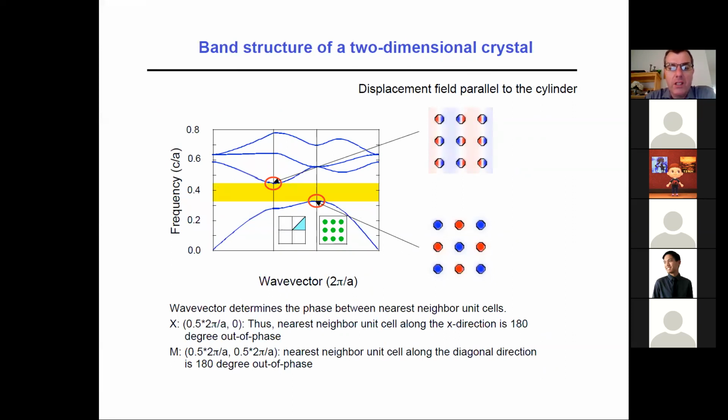I'll derive the details of it later. But this wave vector is not something that's telling you the phase everywhere in space. It's telling you the phase difference between here and here, one lattice period over, or here and here, one lattice period over in a different direction. All right? So these wave vectors have a different meaning.